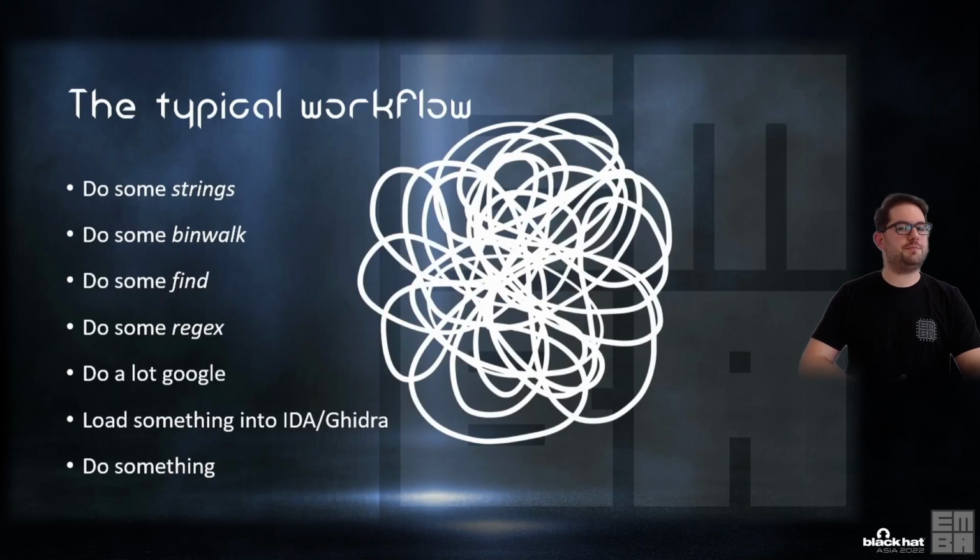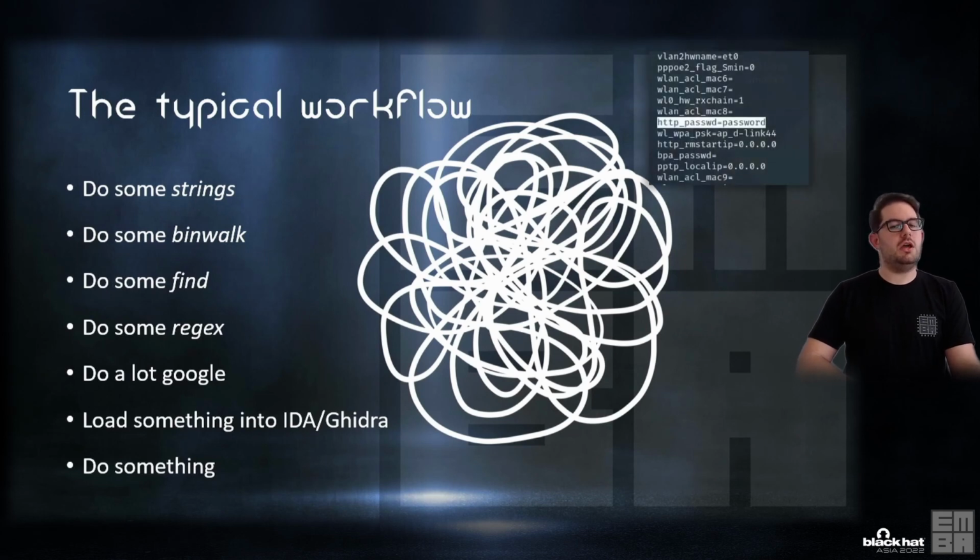Why is that? To answer that, we need to look at the process of a manual typical firmware analysis. We now assume that we have a firmware at hand. In most cases, it's a single binary file, so you can run the command strings over the file to find plain text like passwords if you are lucky.